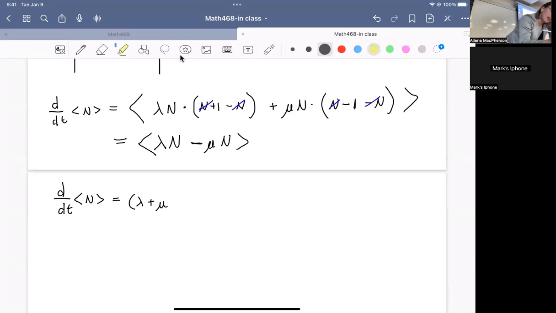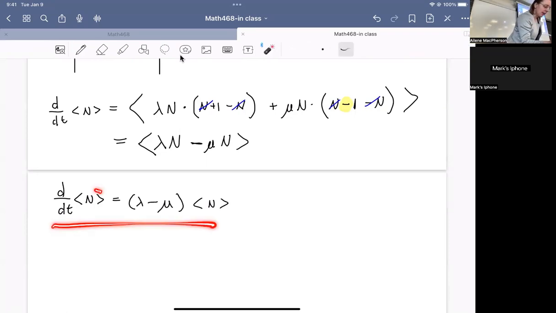I missed this little minus sign right there. Lambda minus mu times the expectation of n. So this tells us that the expectation of n satisfies this differential equation. Does anybody recognize this differential equation?